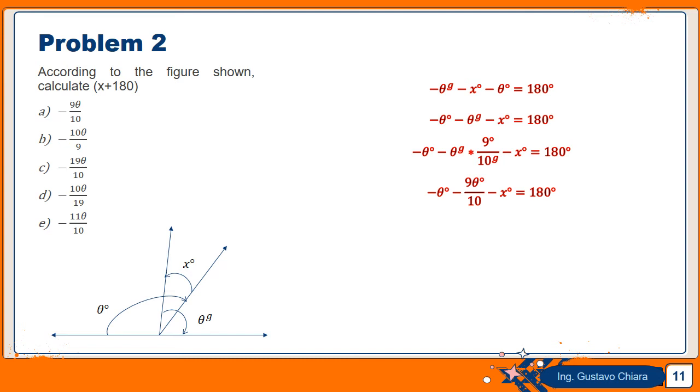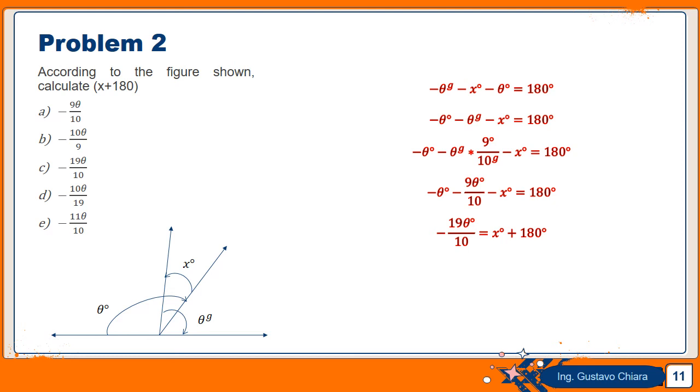We move x to the other side in order to have x plus 118. So the answer is minus 19 theta divided by 10, which is the letter C.